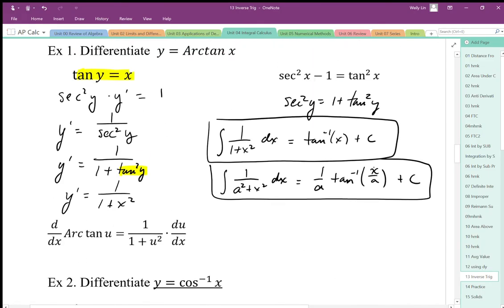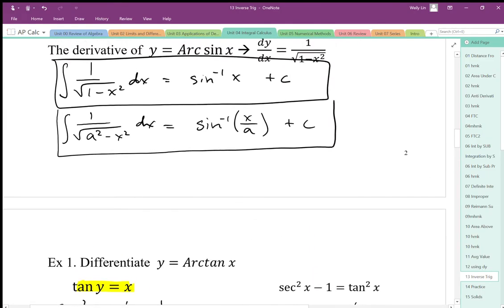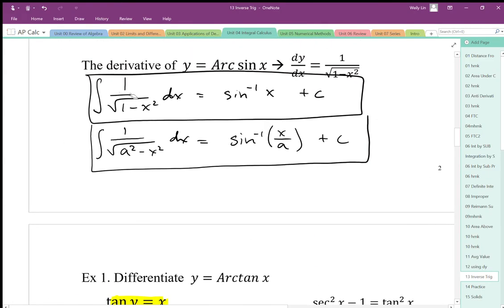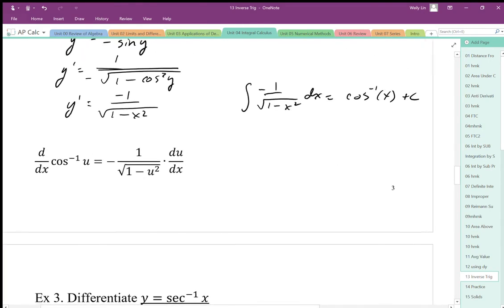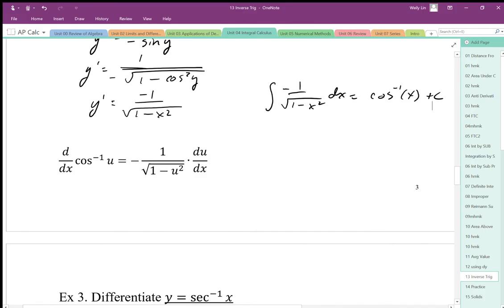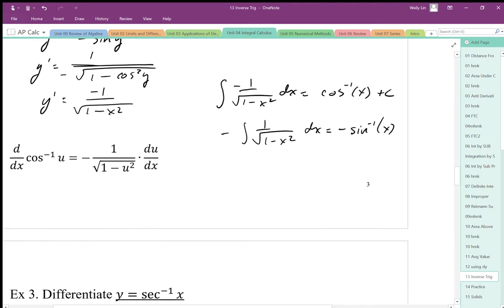In fact, the negative is not very useful. Although this is true, we're just going to stick to the other one. If we integrate that, we just end up with negative arc sine. That's much easier, so that way we don't have to use two different ones.